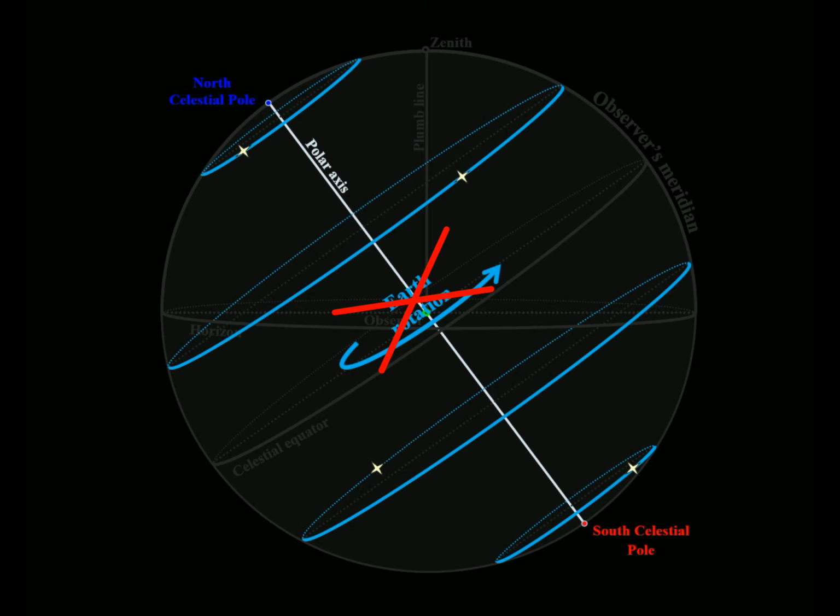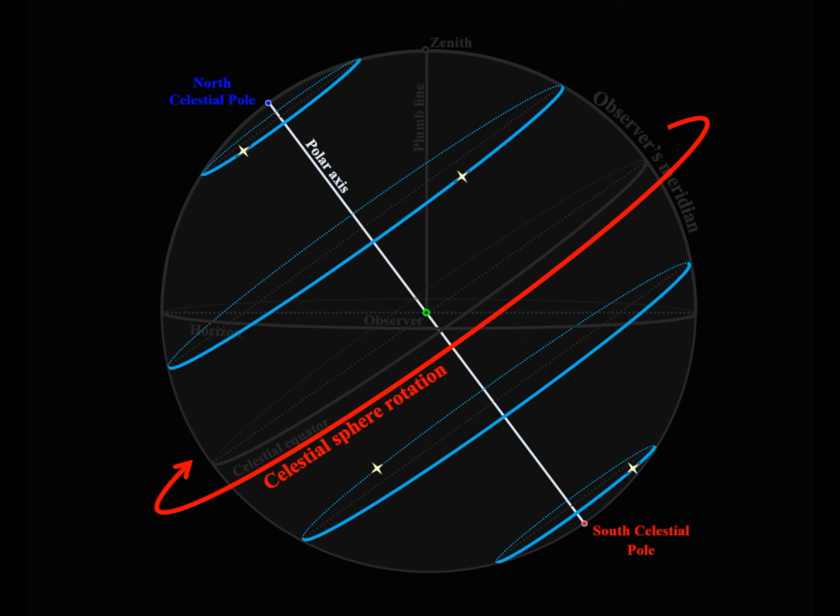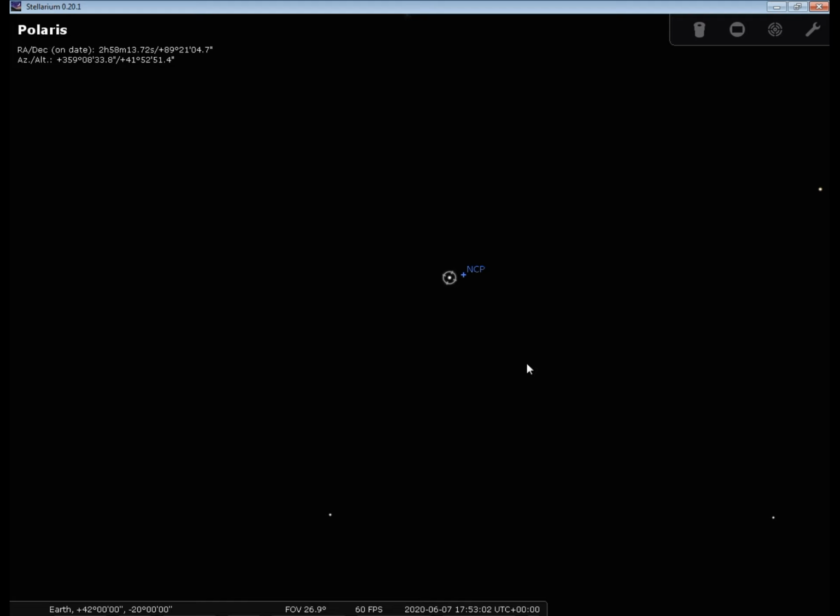The direction in which the apparent movement of the stars occurs corresponds to the direction of rotation of the celestial sphere. When looking at the sky for a short time, the stars appear motionless.